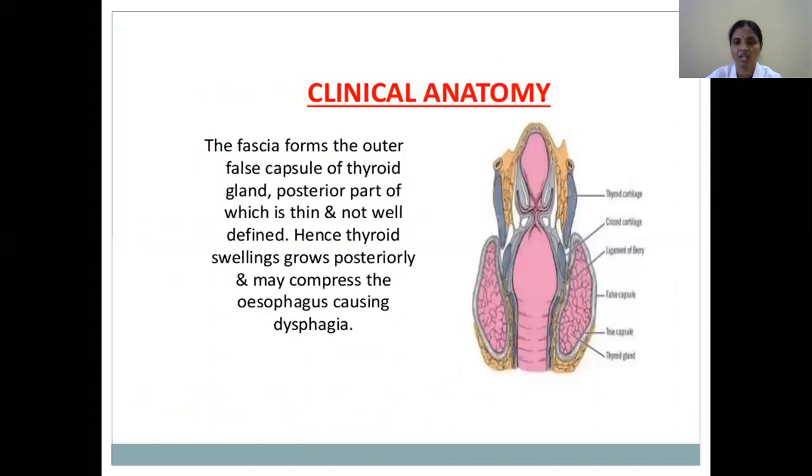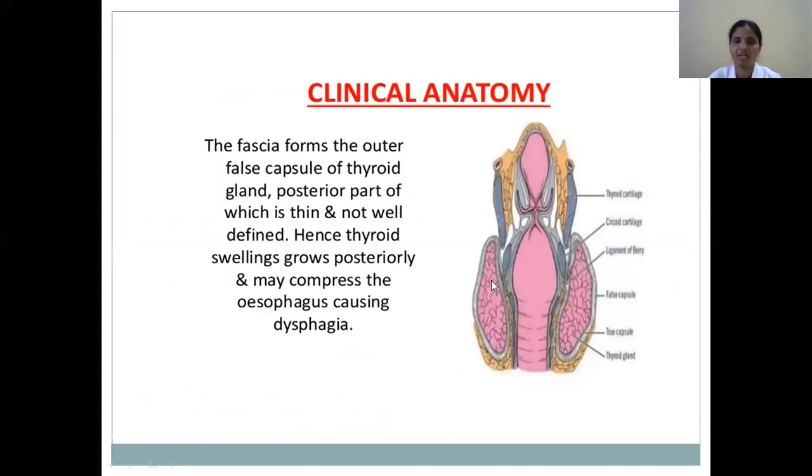Now in this picture you can see the two lobes of the thyroid gland, the lateral surface and the medial surface. Here it is covered by this fascia. The superficial fascia is somewhat thick, but the medial fascia is somewhat thin. It is not well defined, it is an ill-defined layer.